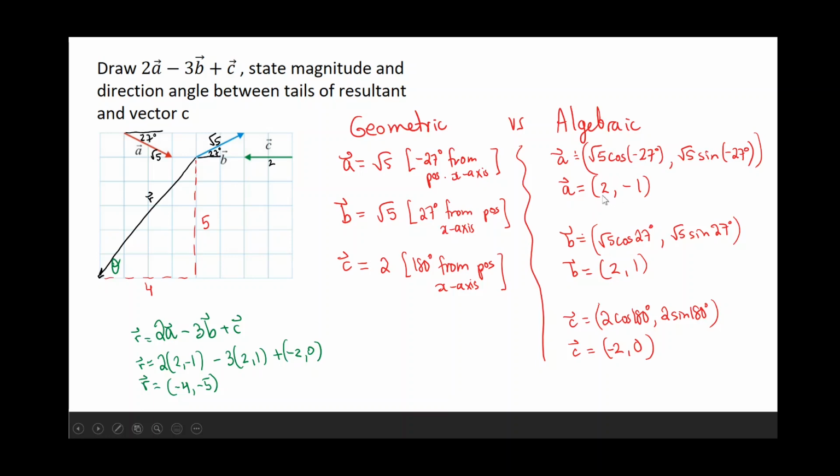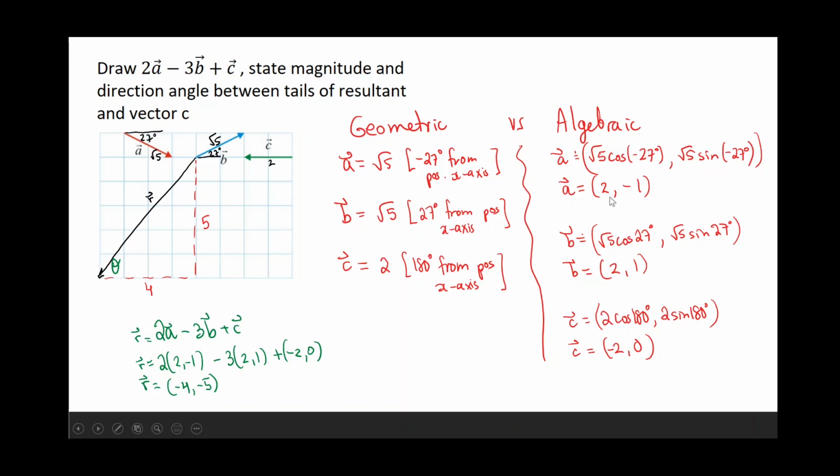I'm going to just briefly discuss this 2, -1. So algebraic vectors are the ones where you place some sort of coordinate system for your vectors, and you usually think of the origin as being where the tail is. So imagine if the origin was right here, you could say, well, I'm going to the right 2 and down 1. So the algebraic version of this vector will look like a point.